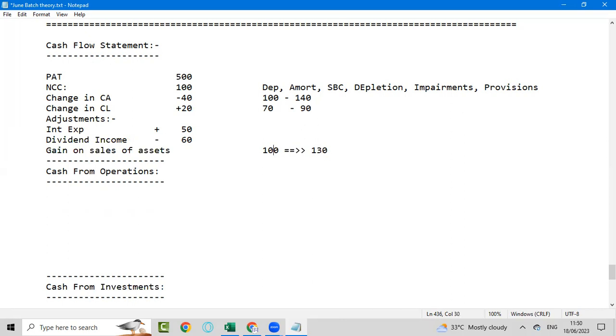So this 30 I'm going to deduct. Okay. Why this? Because 30 rupees was added in the income statement. So that increased my profit. If I don't decrease this 30 rupees, then that 30 will be added in cash flow from operations, and it is including investing activity, which is wrong.